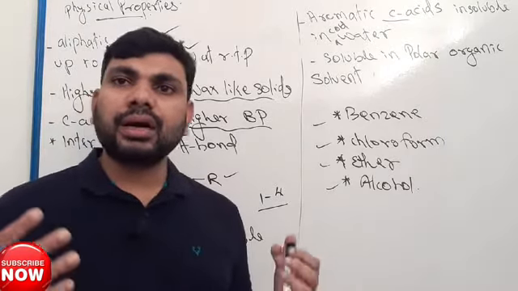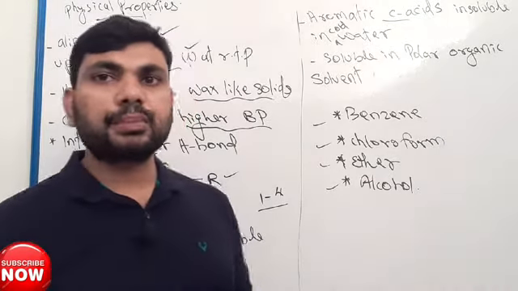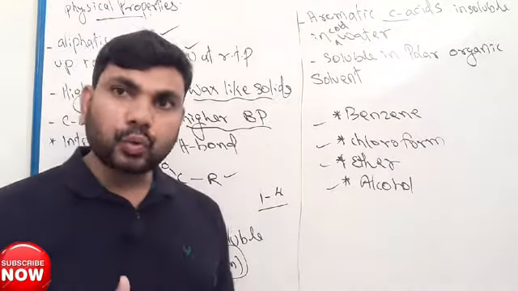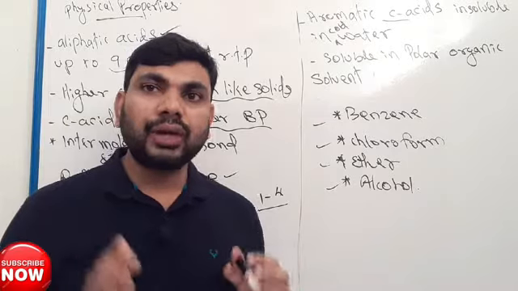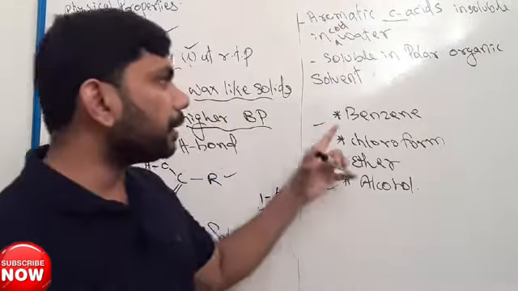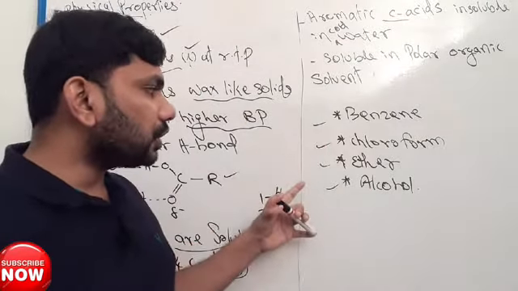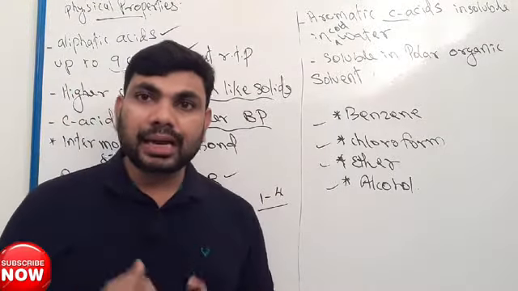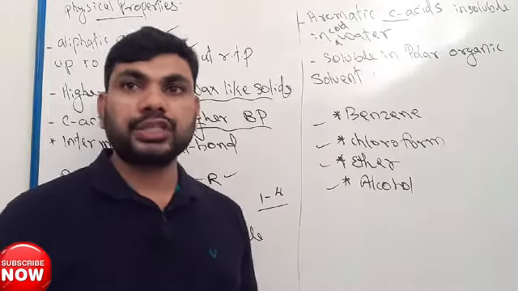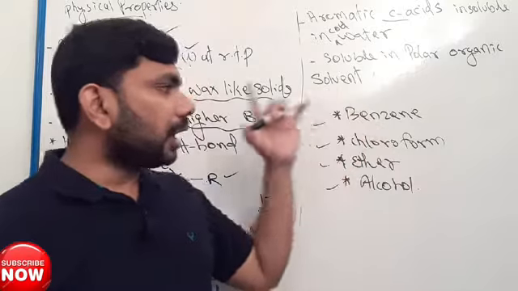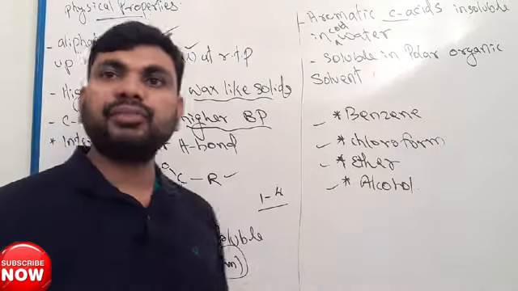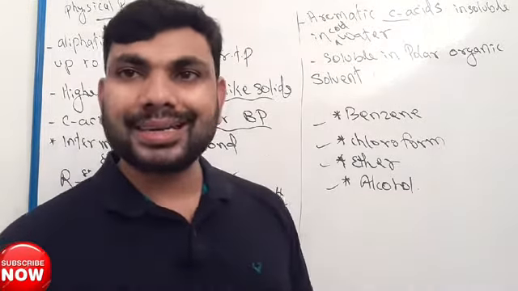This type of aromatic carboxylic acid is not soluble in cold water, but dissolves in polar organic solvents. Examples are benzene, chloroform, ether, alcohol. These are examples of polar organic solvents. Clear? So aromatic carboxylic acid dissolves in this type of polar organic solvent.